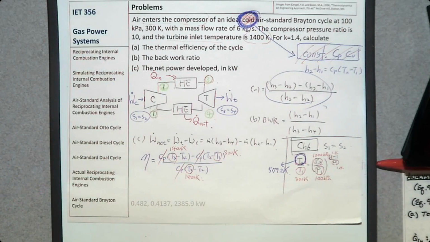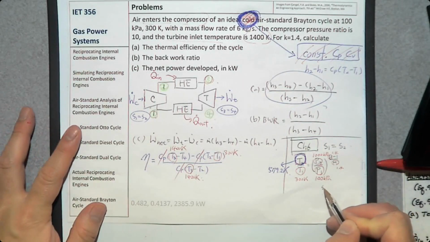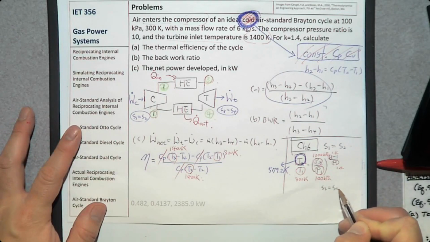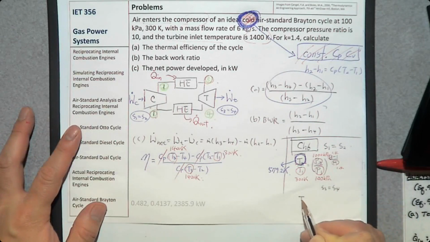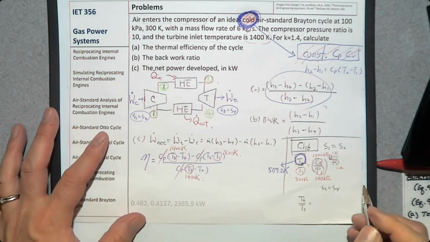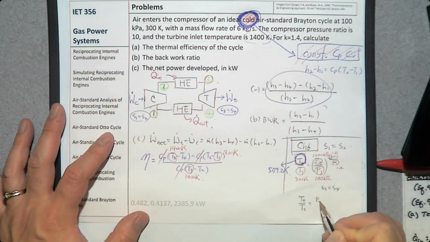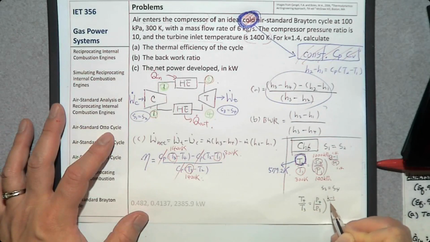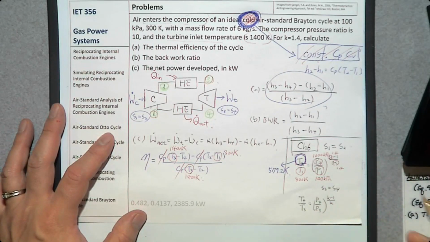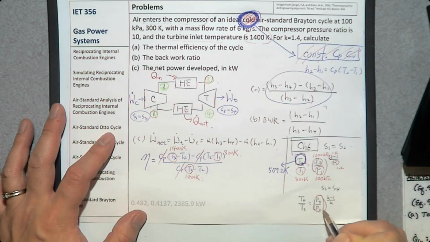We can do the same for the turbine. It's also an isentropic process, right? So let's apply the same equation. S3 is the same as S4, so T4 over T3 is (P4 over P3) to the power (kappa minus 1) over kappa. What is the pressure ratio?